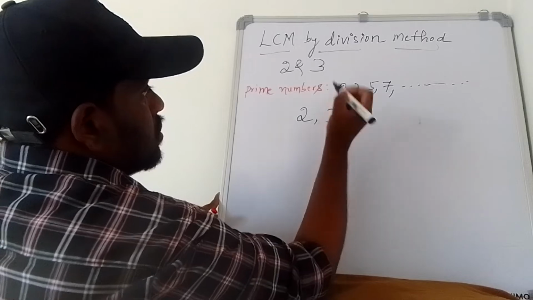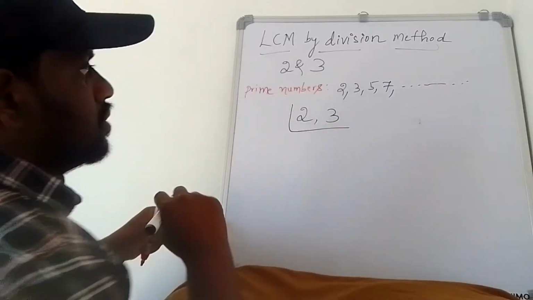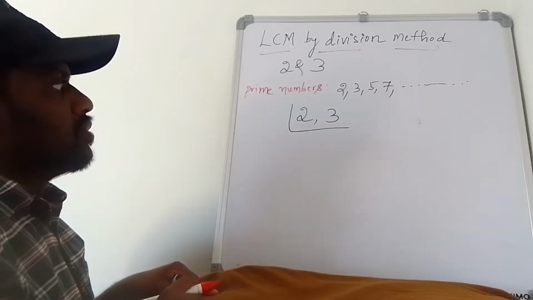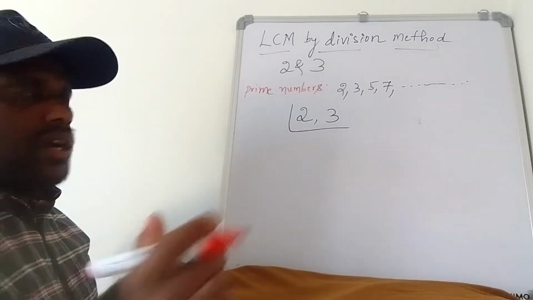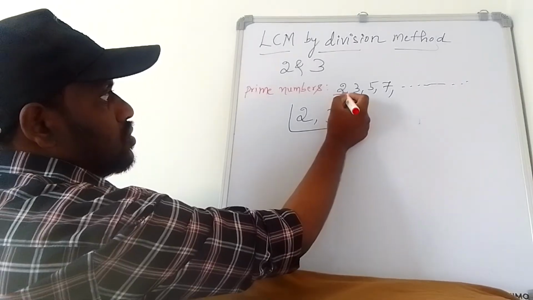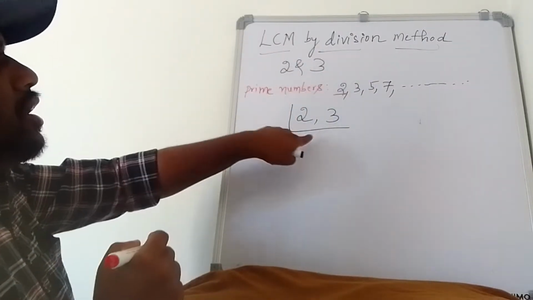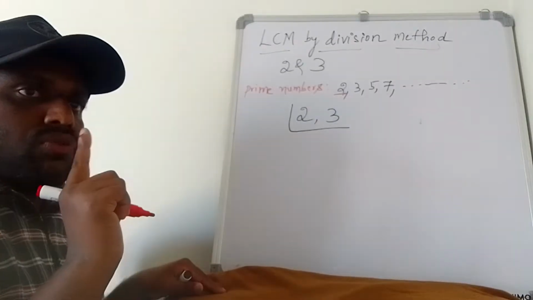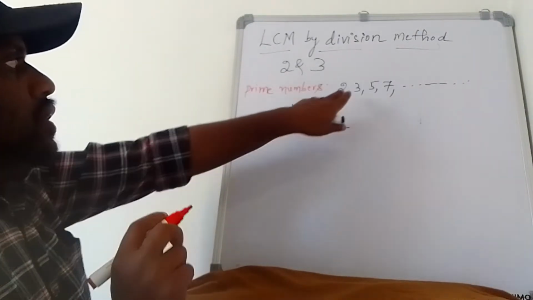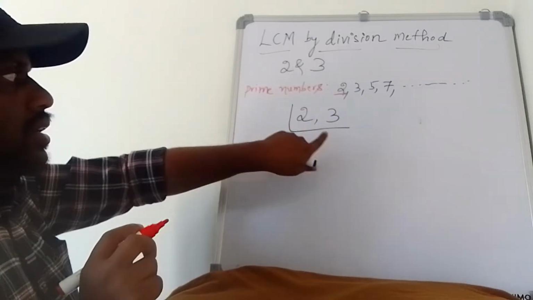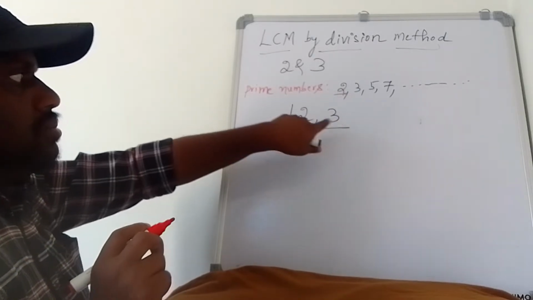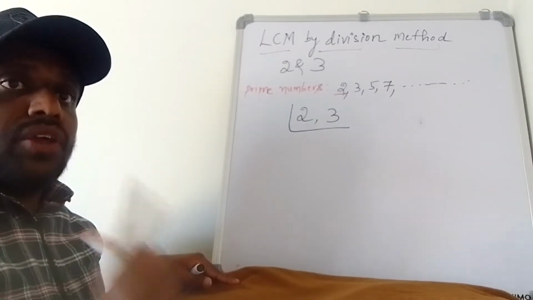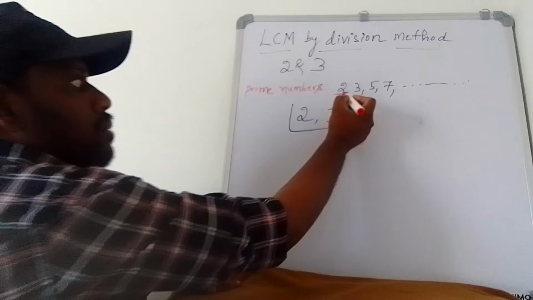2, 3. Now you have to take the first prime number and divide those two numbers. Be very careful. When you take a number to divide, at least any one of these numbers should be divided by the number you take.